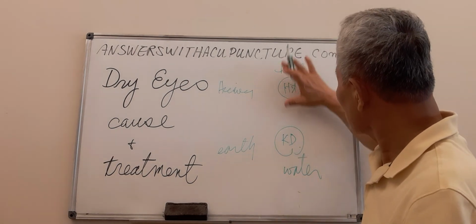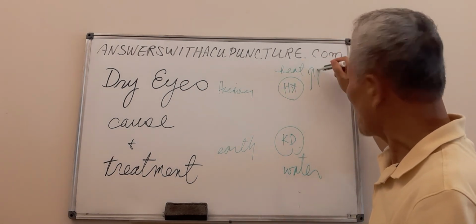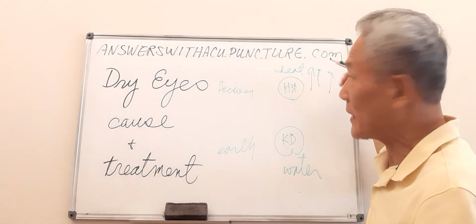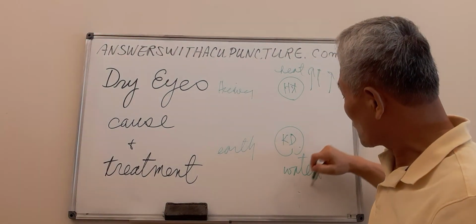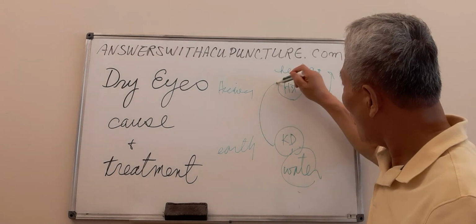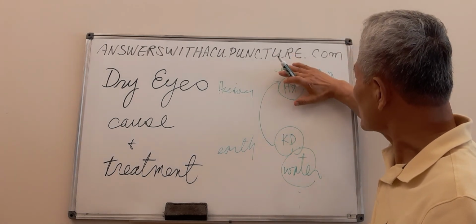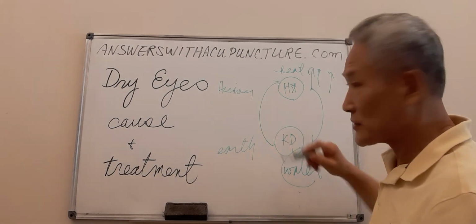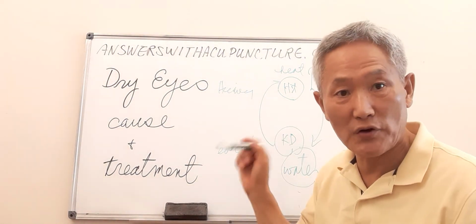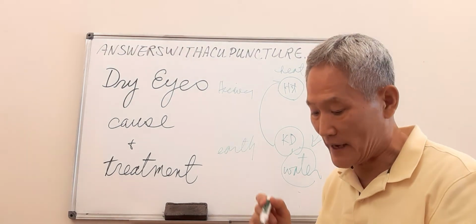Now there's a lot of heat. Heat is supposed to have a tendency to rise up. Then what do you have to do? The water goes up and extinguishes this heat. Then it comes back down. This is a good circulation indication.